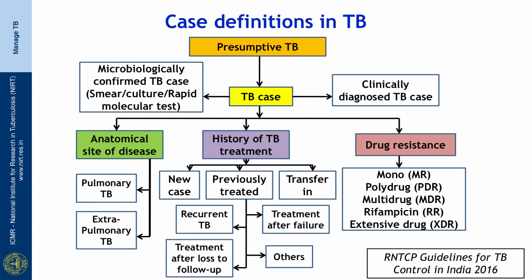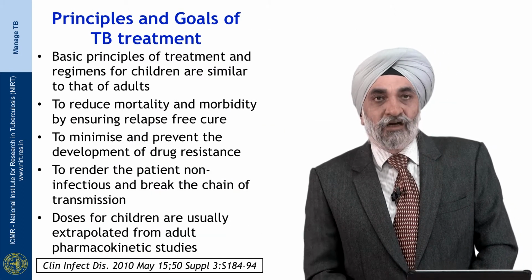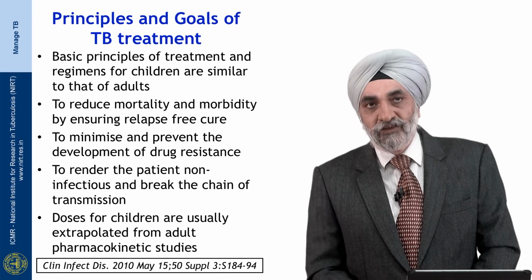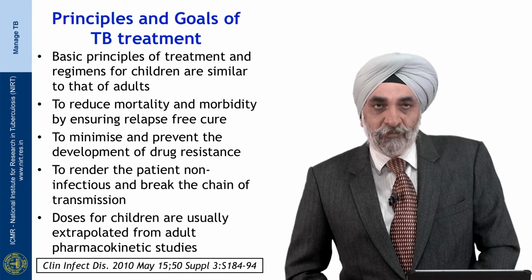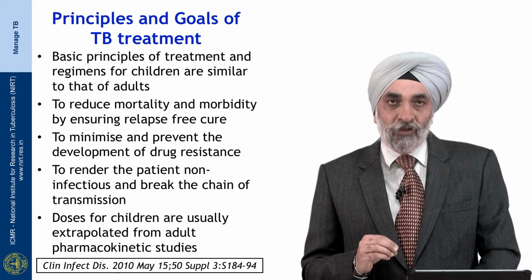I am largely going to discuss with you today treatment of the drug-sensitive variety of TB. The principles and goals of TB treatment are very similar in children as they are in adults. The idea is to reduce mortality and morbidity and to ensure a relapse-free cure.